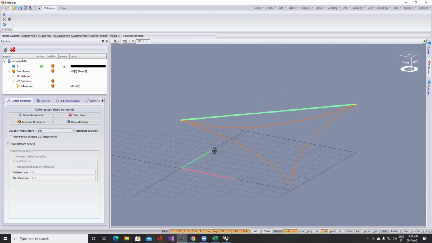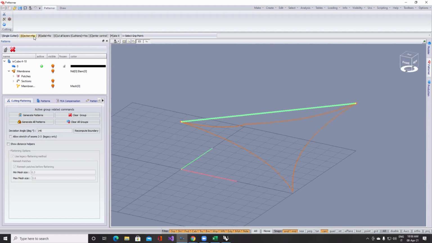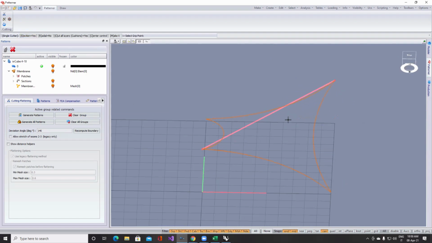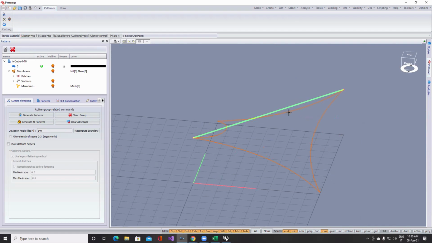This is the line. And then you see on the toolbar, we have different options. The first option is section, yes or no. What is that? If we choose section yes, then you see that the color changes from green to red. Section no, it becomes green. Section yes, it becomes red.